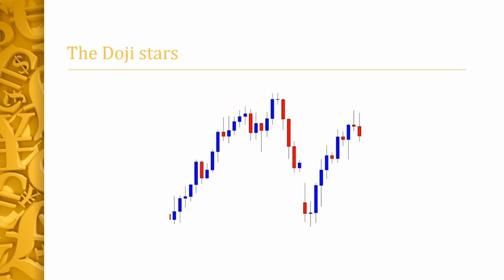A Doji Star is this candle right here, as you see, and it is the same as the evening star, but it's called Doji evening star because the open and the close were at the same level.